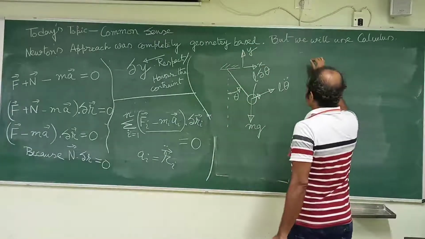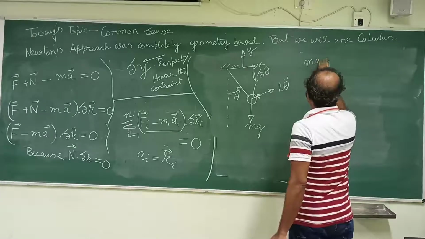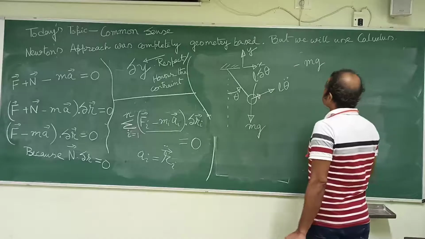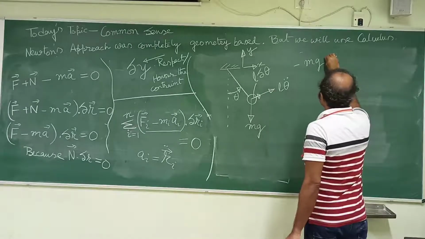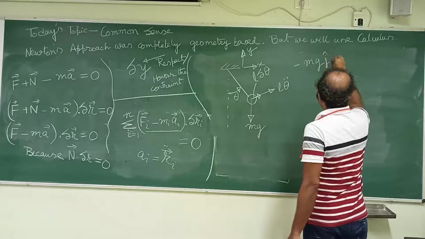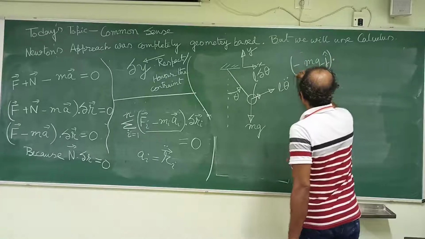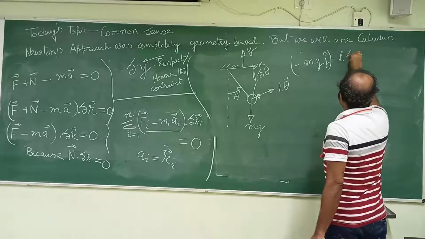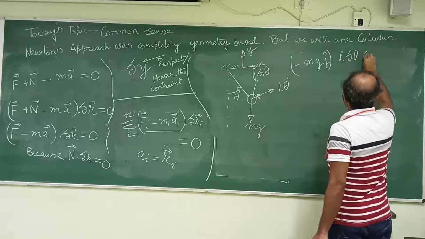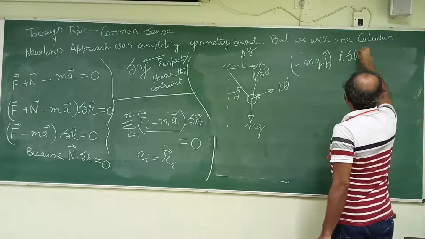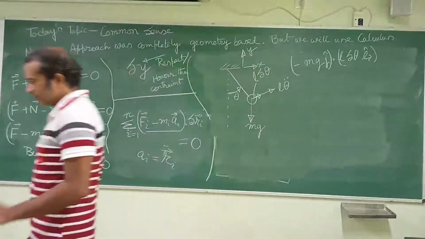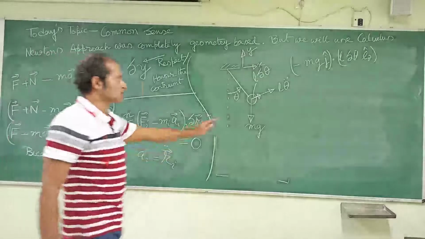So I am going to write minus mg j dot L delta theta along e theta. Agree?